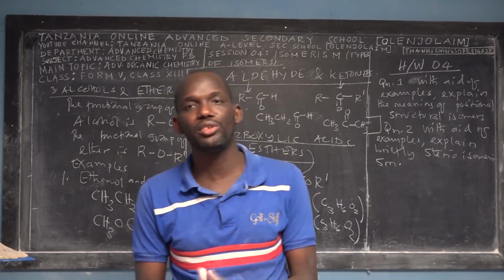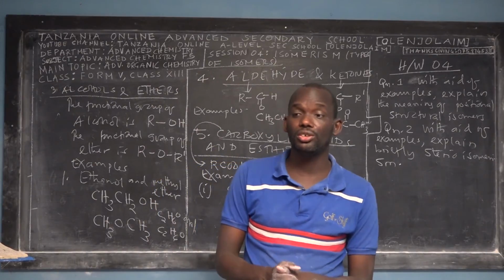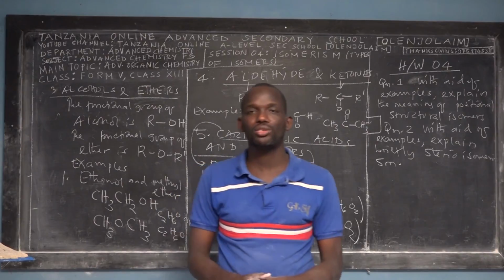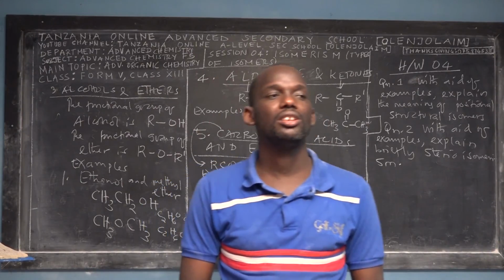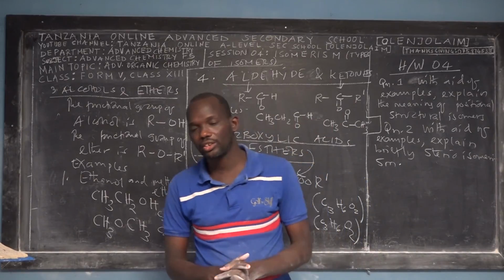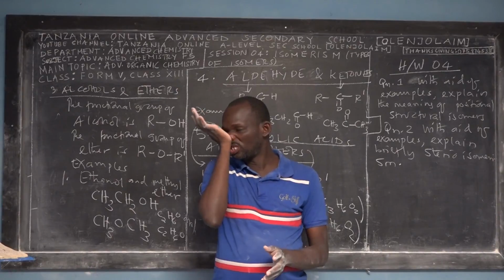How many types of isomerism do you have? 2: structural isomerism and stereoisomerism. And as we go into detail, we have 3 types of structural isomerism: positional, functional, and skeletal. The longest one is functional isomerism.